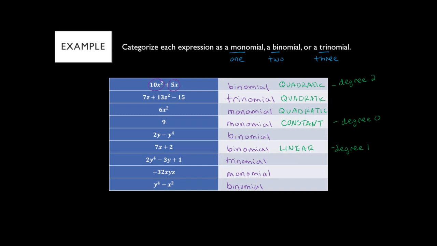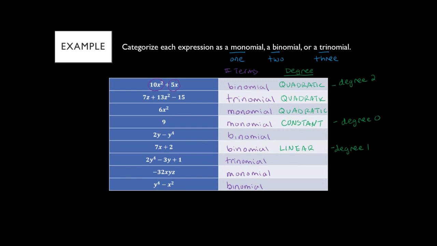But the number of terms is what makes it a monomial, binomial, or trinomial. So this column is the degree, which gives it that particular name, versus this is the number of terms that gives it the name binomial, trinomial, monomial. So you can have something that has multiple names, and it's just a matter of what we're looking at. Are we looking at the number of terms there are, or are we looking at the degree?